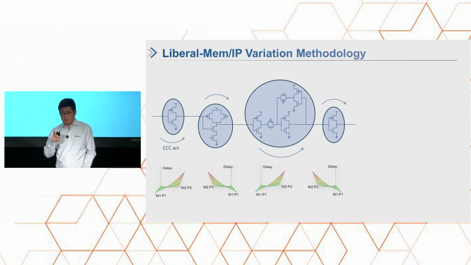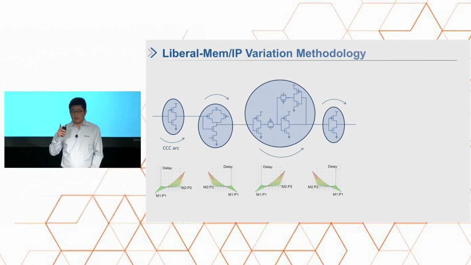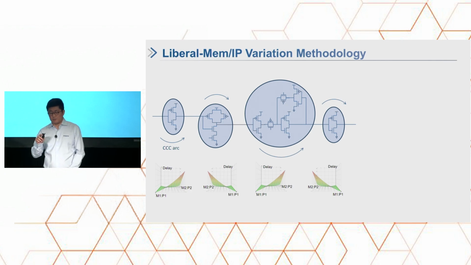And we'll build a multi-dimension function on each of these partitions, for each parameter of each transistor. So let's say for the first inverter, the delay is affected by 10 parameters.